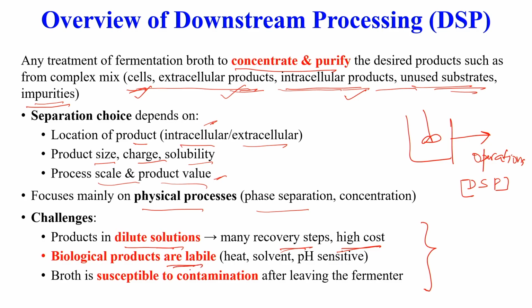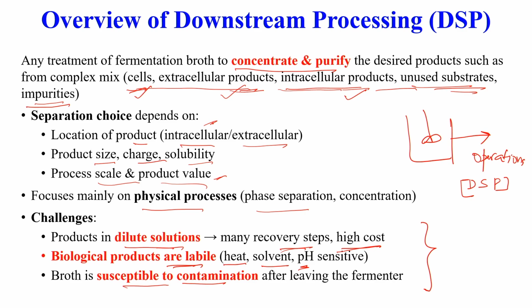Second challenge is particularly these biological products like, let us say, antibodies or proteins. They are sensitive to heat, they are sensitive to different solvents, they are sensitive to pH, they are sensitive to ionic strength. Third, there are chances that your fermentation broth is susceptible to contamination.